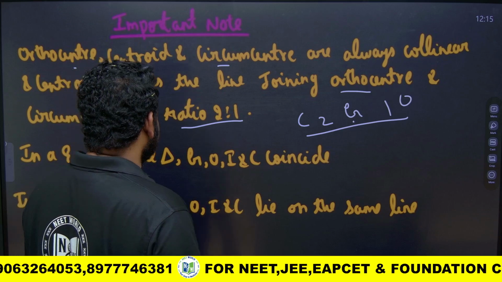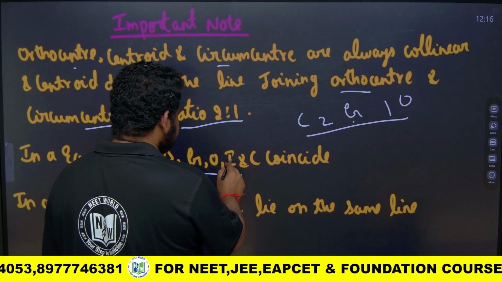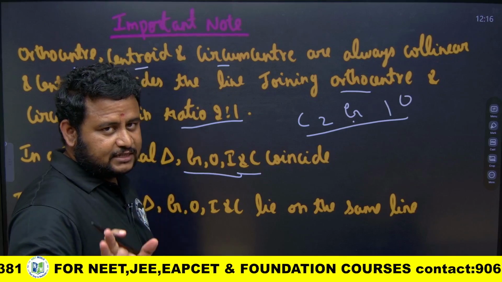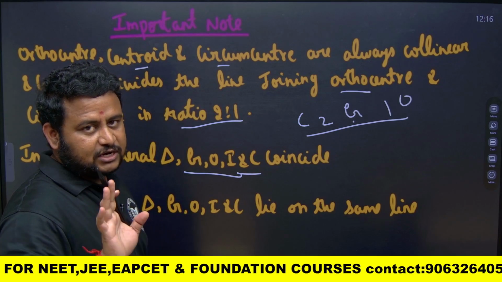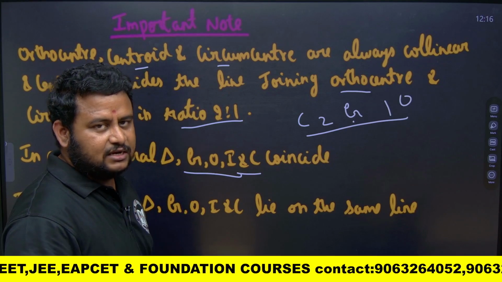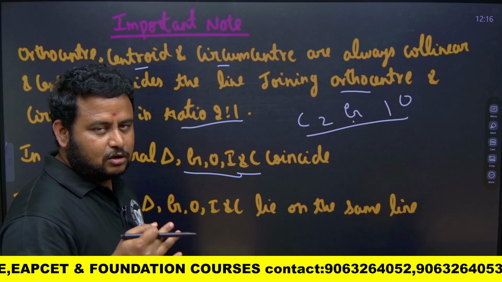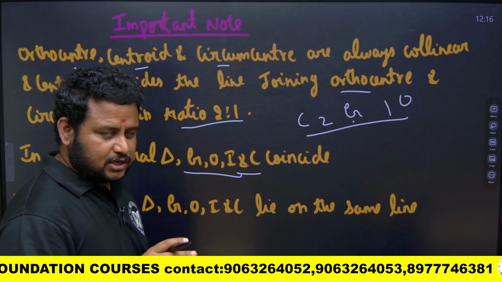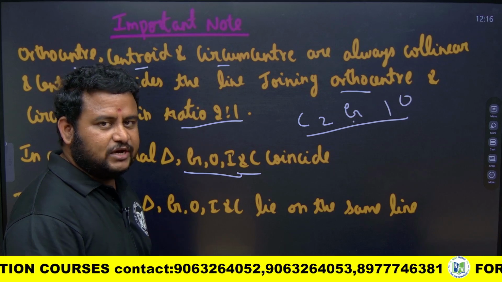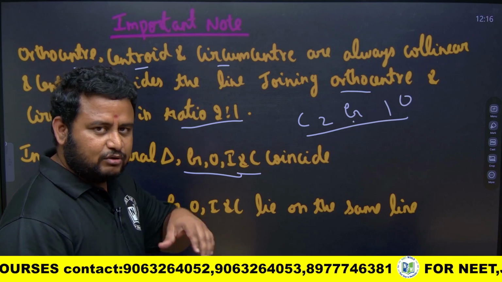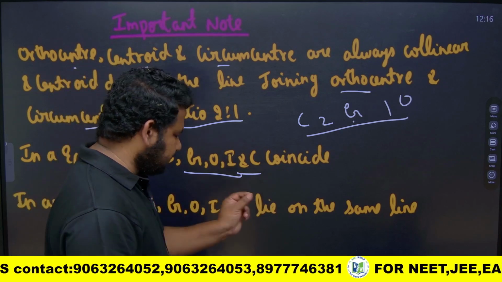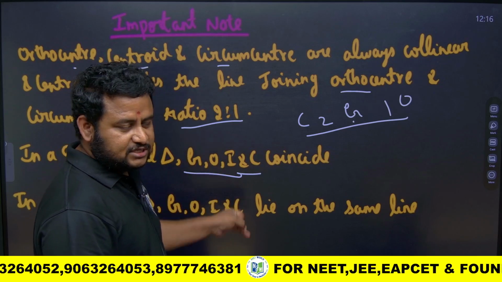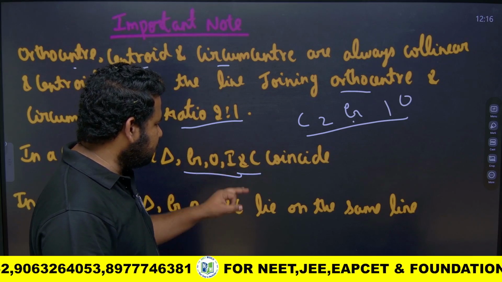In an equilateral triangle, the centroid, orthocenter, incenter and circumcenter coincide. They are not talking about every triangle, only an equilateral, not isosceles. They are not just collinear, they coincide. Coincide means all the centers are at the same point. Suppose a point A is there, on that point only you will have the centroid, the orthocenter, the incenter and the circumcenter.